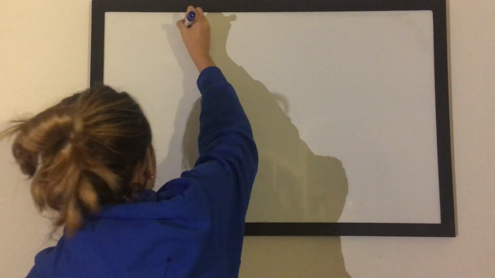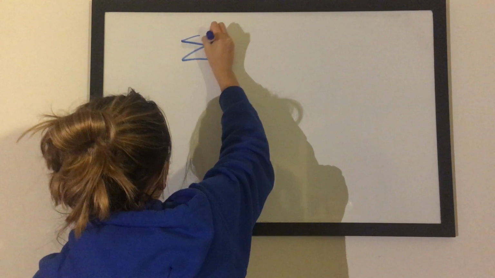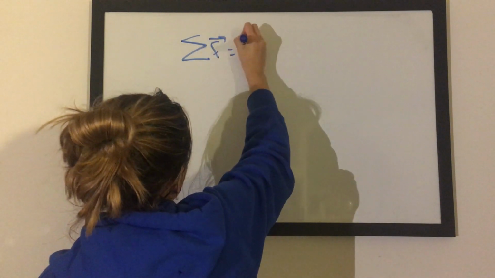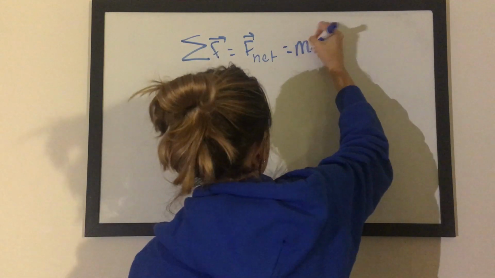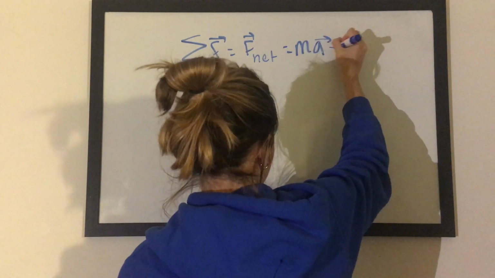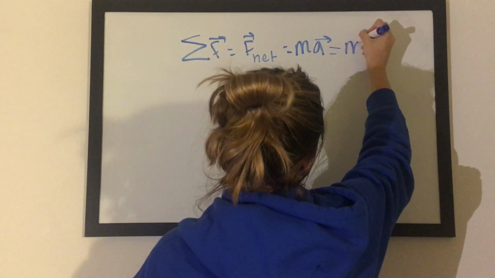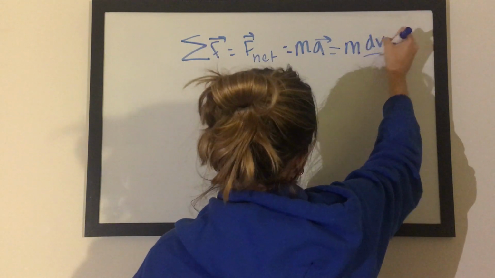So Newton's second law of motion states that a net force applied to an object changes the object's velocity. The formula for Newton's second law of motion is the sum of forces is equal to the net force, which is equal to mass times acceleration, which is equal to mass times the derivative of v.